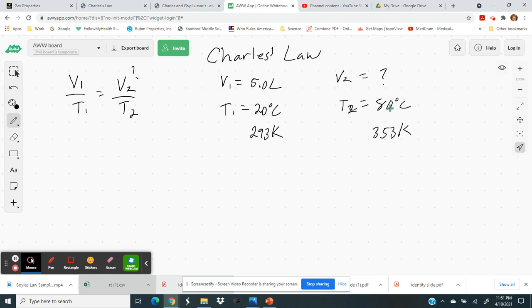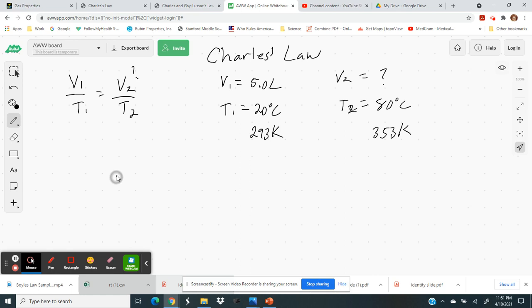Right? 273 plus 80 is 353. And that ratio of 353 over 293 is different than the ratio of 80 over 20, so it's going to give you the correct answer. 80 over 20 is 4. It would balloon this volume to 20 liters. We're going to see that we're not going to get that.